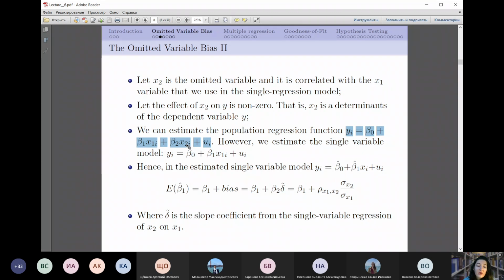So you estimate the model excluding x2, and instead of this model you perform just a simple regression of y on x1. And so finally you obtain this estimated equation.